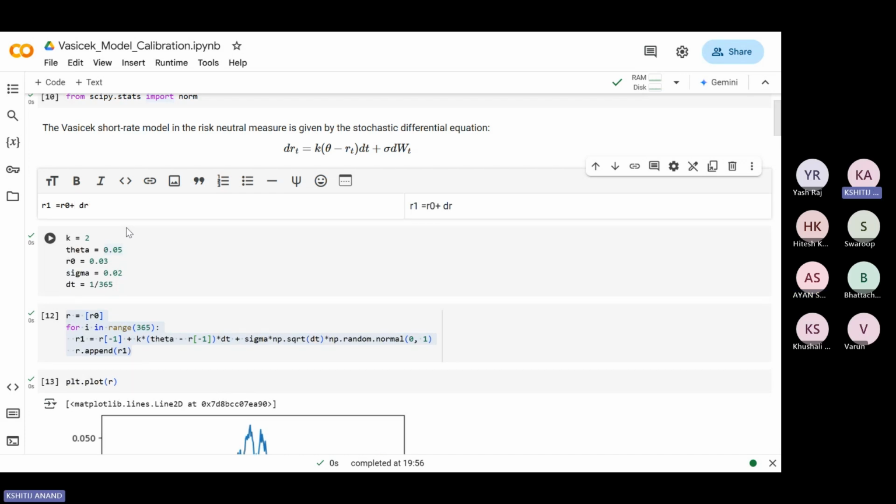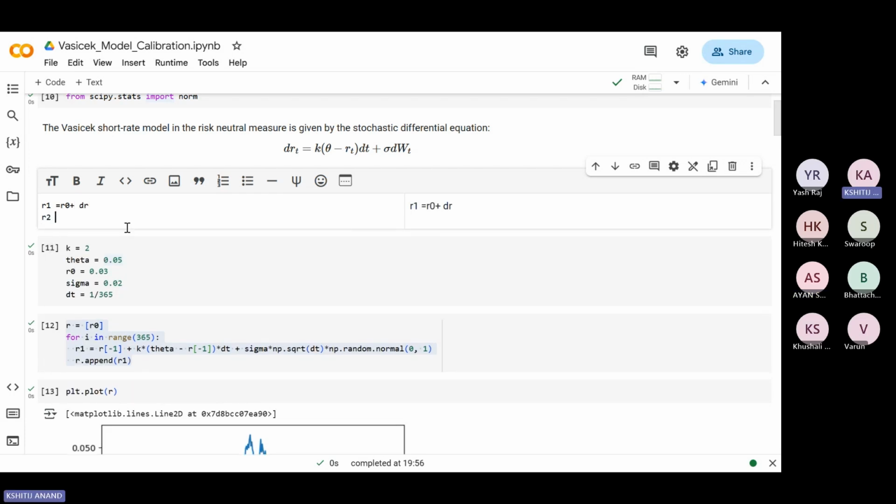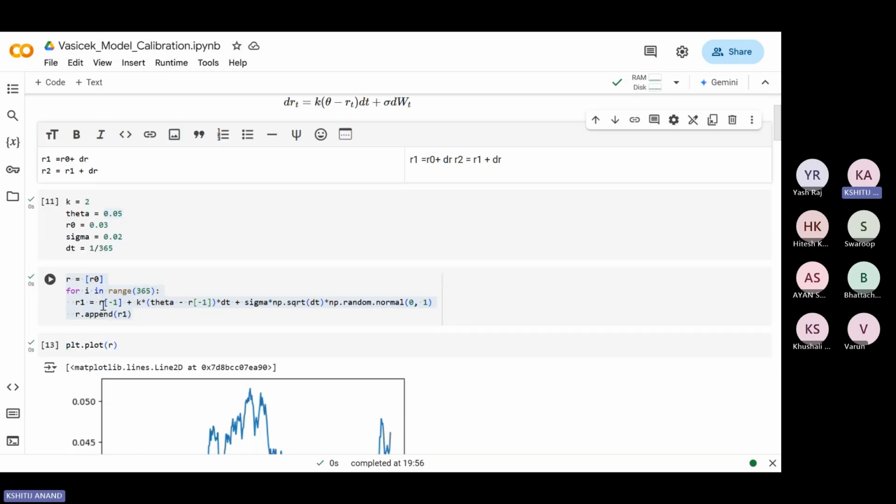Now, once you calculate R1, what will be R2? R2 will be R1 plus dr, but note that this dr and the previous dr will be different. Every time you calculate dr, the sigma dWt term will be giving you different values, right? So that's what we are doing over here.